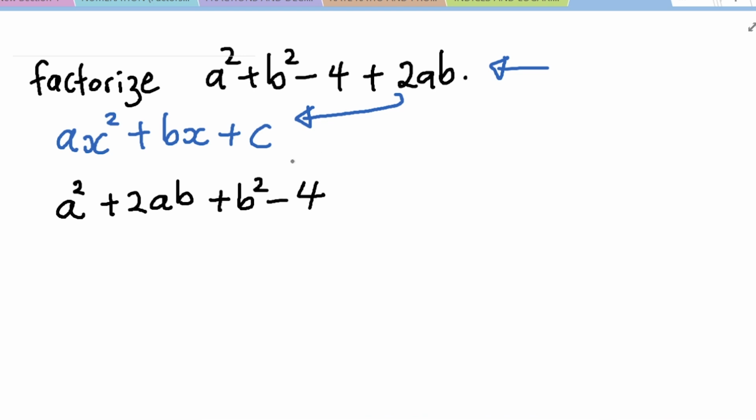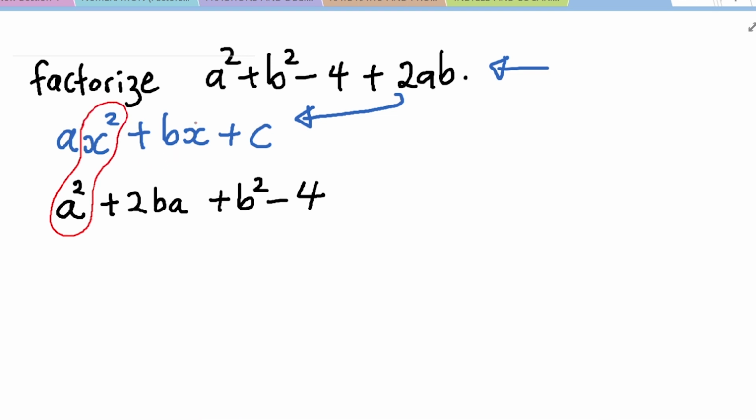So in rearranging it, you realize that our value of a actually is the x up there. If I may be more accurate here, this is going to be 2ba, like that.